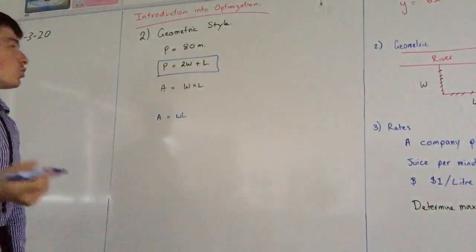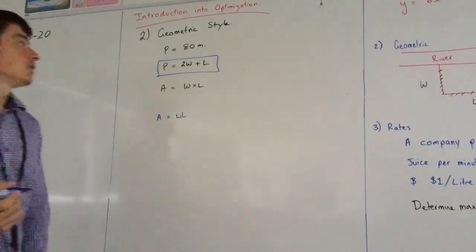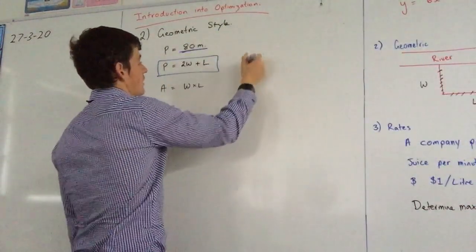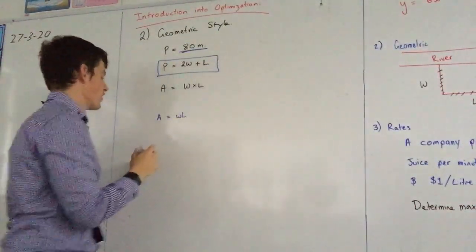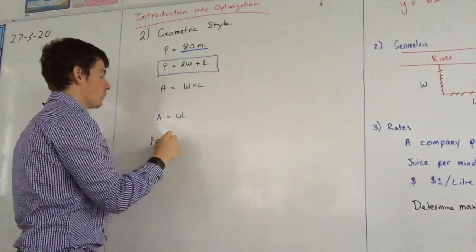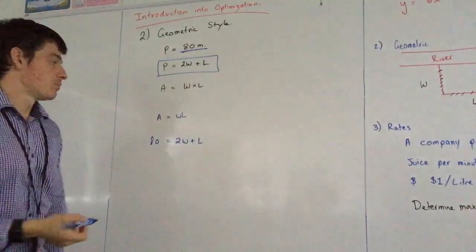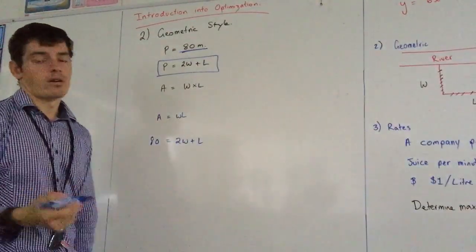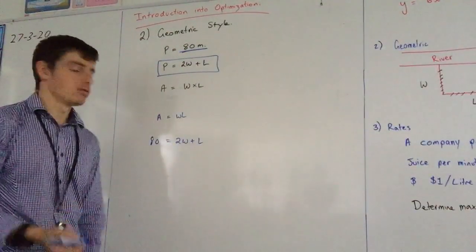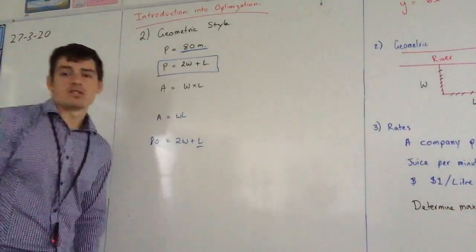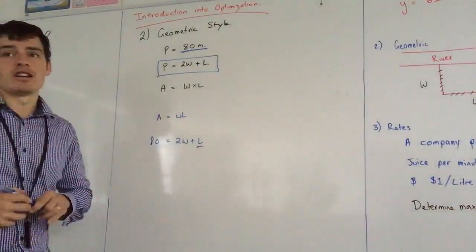So the way that I do that is I look at my perimeter function. Right now that's no good to me because I've got three variables in a function, but I know that my perimeter is 80. So I can rewrite that equation as 80 equals 2w plus L, and then I like to pick one variable to get by itself. I'm going to pick L, it doesn't matter which one, and I'm going to use simultaneous equations.